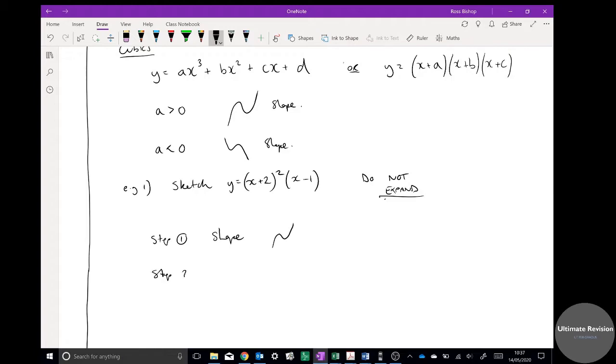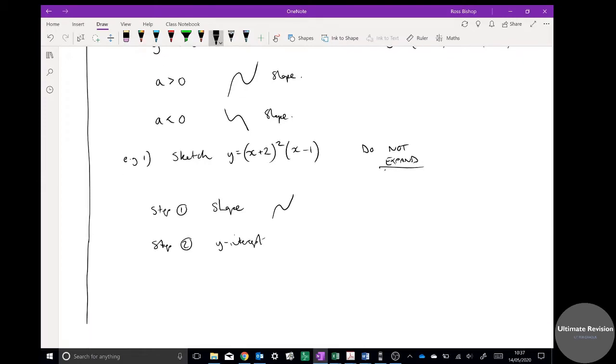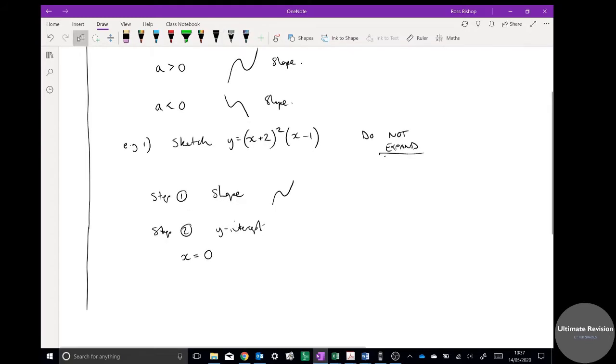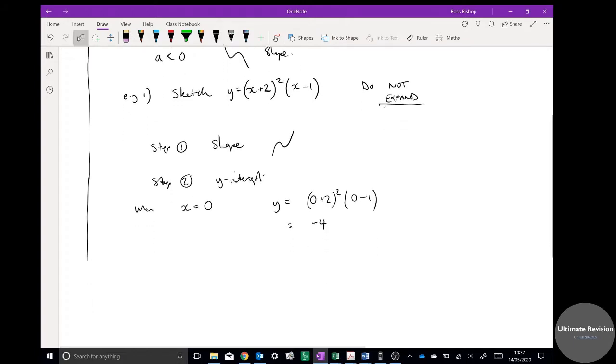Step 2, y-intercept. And the y-intercept, remember this is when x equals 0. So when x equals 0, y equals (0 plus 2) squared multiplied by (0 minus 1), which is going to be 4 times minus 1, minus 4. So I know the y-intercept is going to be minus 4. Step 3 is the x-intercept. Remember this is when y equals 0.